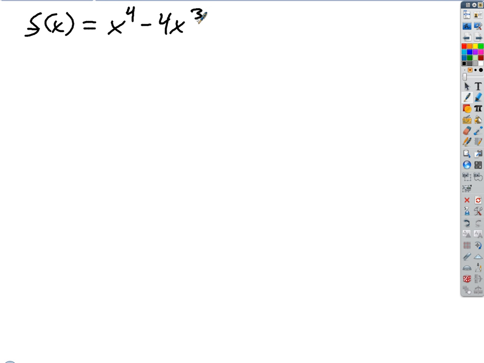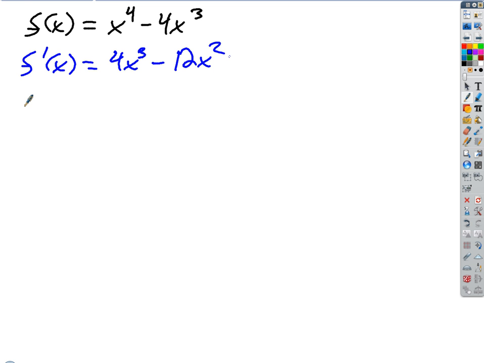Okay, so there's our function. Let's use the first derivative test and find all the relative extrema here. Okay? So what do we do? Take the derivative, absolutely. So first thing we've got to do is take the first derivative. Okay, so let's find the places where we get critical numbers.